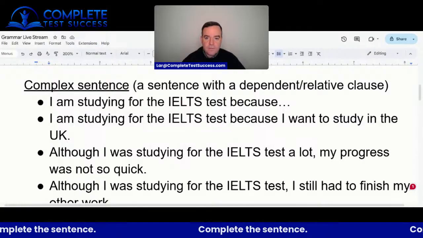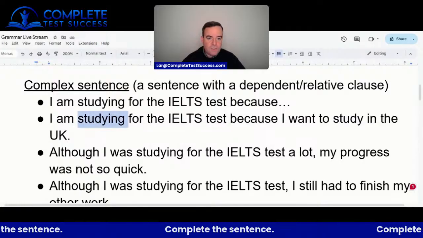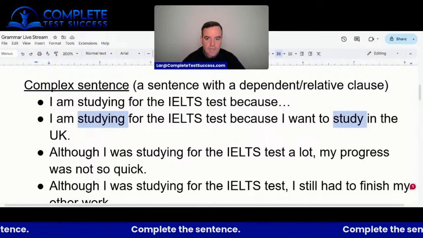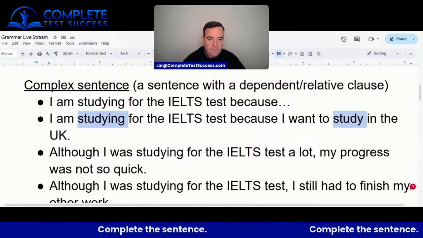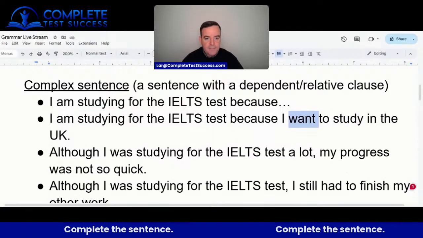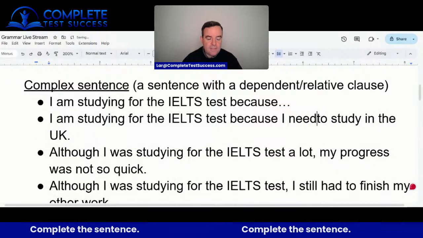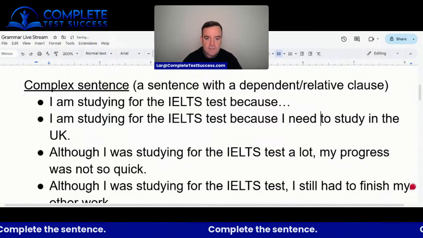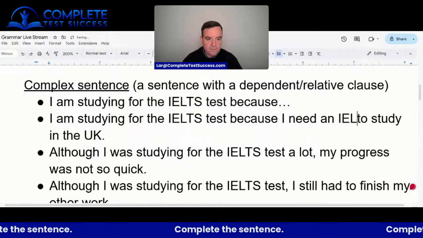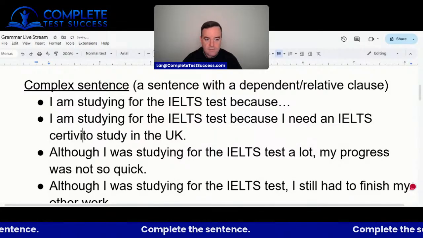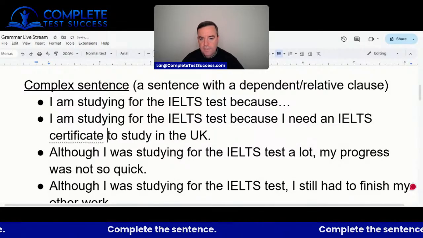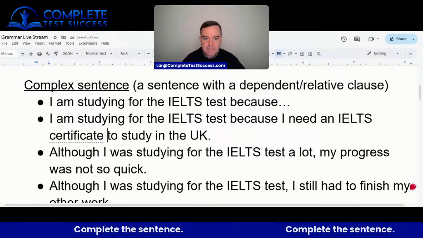Not really. I think just the way we're using the word study twice, it's more of a vocab mistake than a grammar mistake, because I need an IELTS certificate to study in the UK. So there, that would make sense.